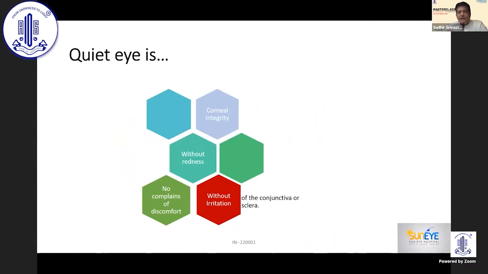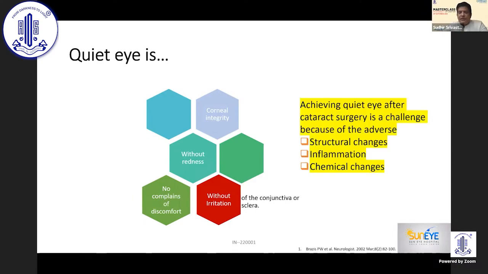And quiet eye means that we need to have corneal integrity. The cornea must be crisp and clear. There must not be any redness. The patient should have fewer complaints, less irritation.